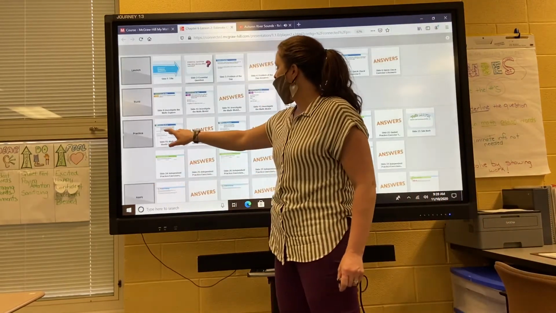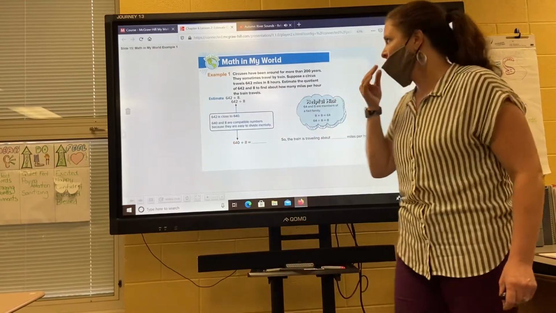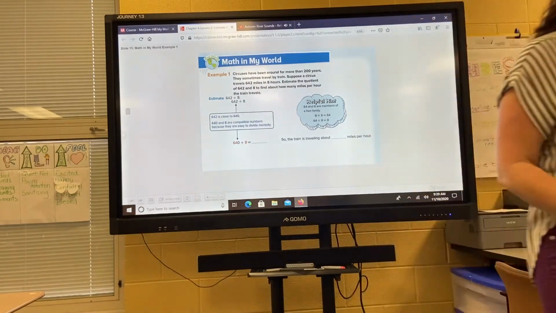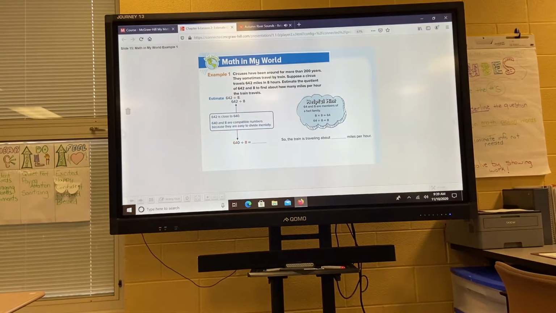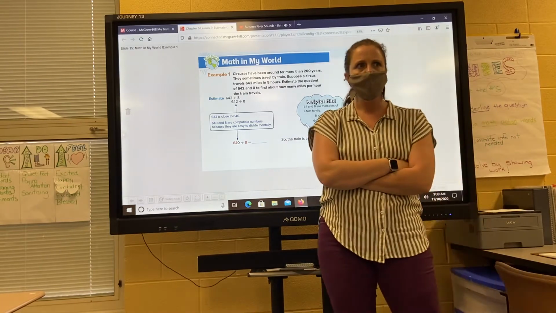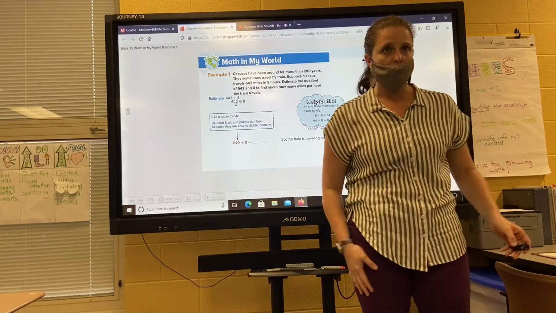All right, we're going to look on page 335. This is lesson 2. At the very top, it says there are different ways to estimate quotients. What's quotient again? We talked about this yesterday. The answer to a division problem, okay?